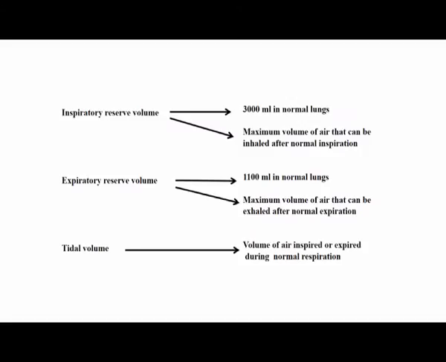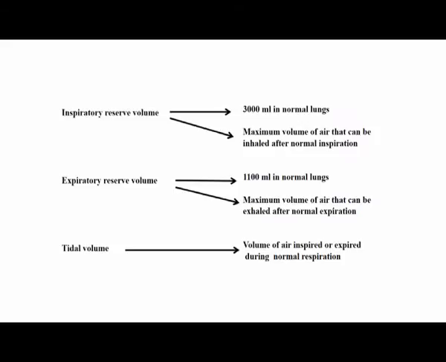In the next slide also I just added these two again. Inspiratory reserve volume, just try to avoid the volume aspect, but try to get an idea of the definition. Inspiratory reserve volume is the maximum volume of air that can be inhaled after normal inspiration, and similarly the maximum volume of air that can be exhaled after normal expiration is what we call expiratory reserve volume.